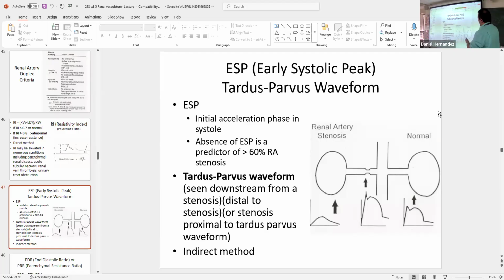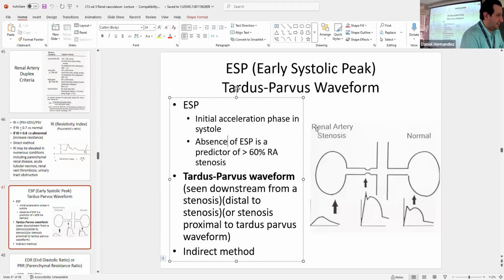I'm sorry. That makes sense. No, that's the second push. There's stenosis. No, that's wrong. Let's fix this. No, that is right. Why is this normal?